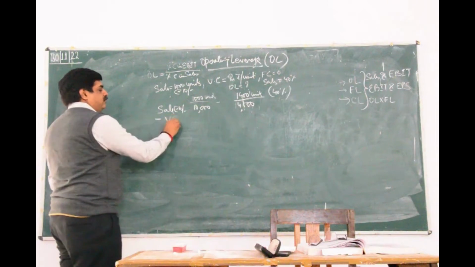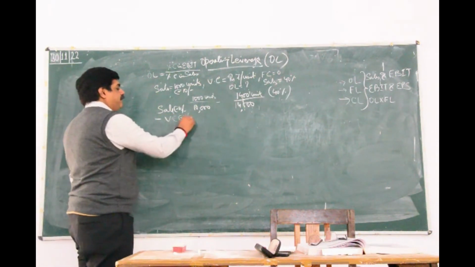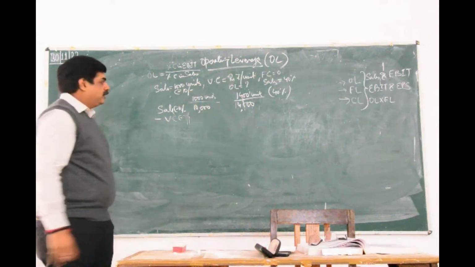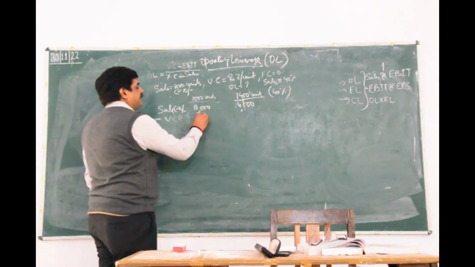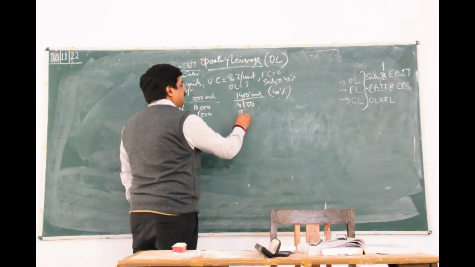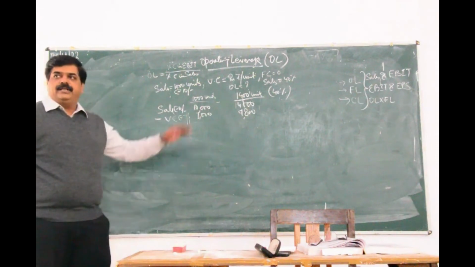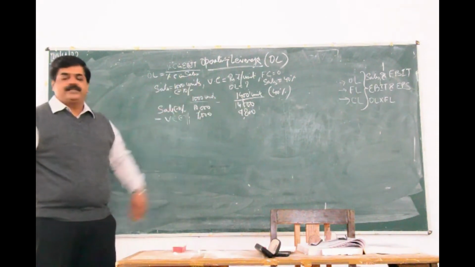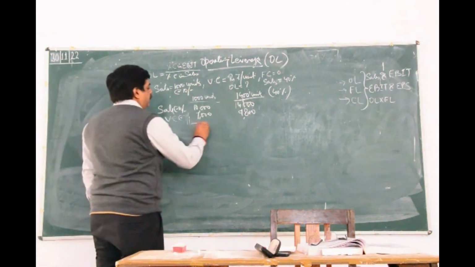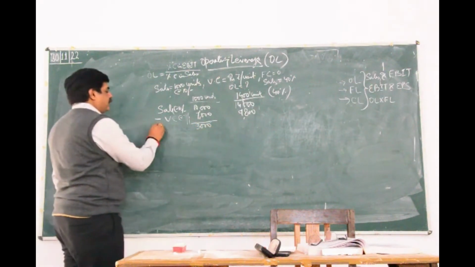Minus variable cost, which is given as rupees 7 per unit. It will be 7,000 and this will be 9,800, that is 1,400 multiplied by rupees 7. 3,000 will be the contribution.